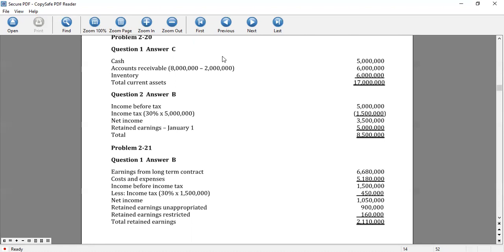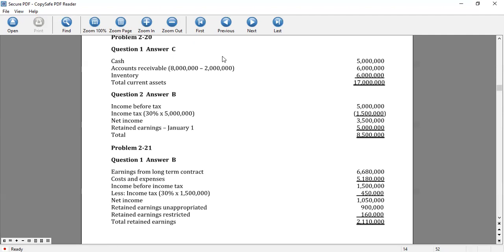Now for the answer to question number 2, the question is, what amount should be reported as total retained earnings? So the income before tax is 5 million. That's the income before tax, 15 million revenue minus 10 million expenses.